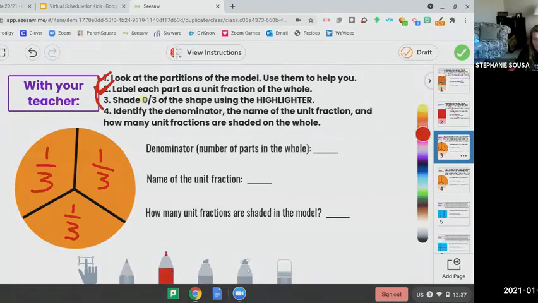Step 4, identify the denominator, the name of the unit fraction, and how many unit fractions are shaded on the whole. The denominator is the number of parts in the whole. There are 1, 2, 3 parts. So my denominator, or my lower number of my fraction, is a 3.